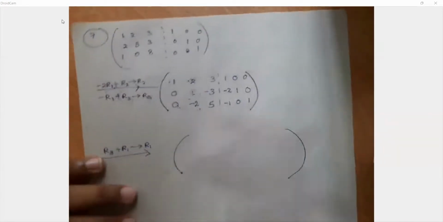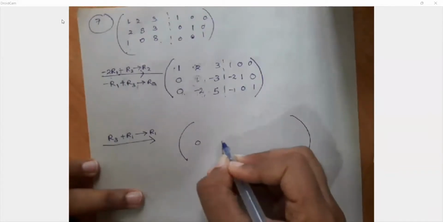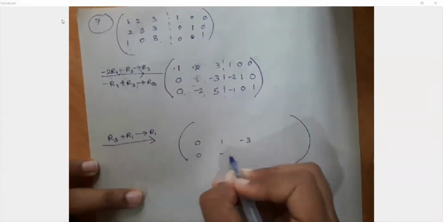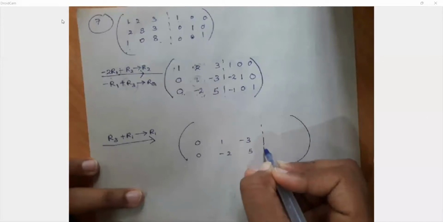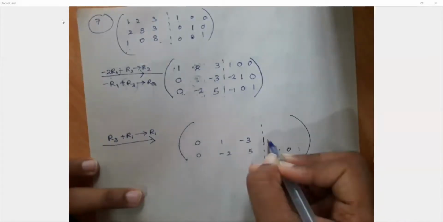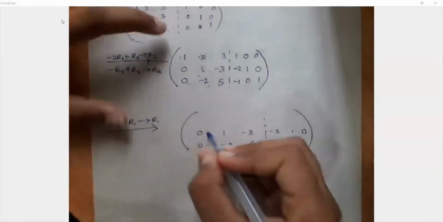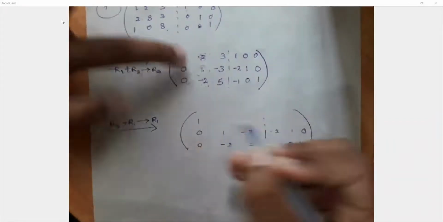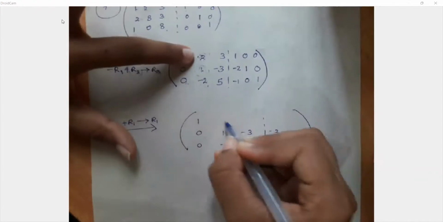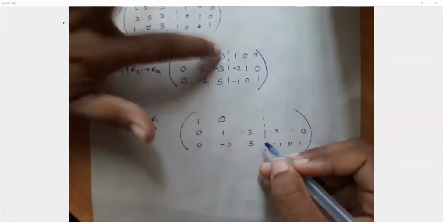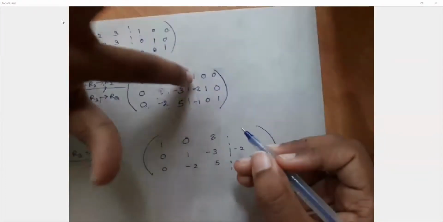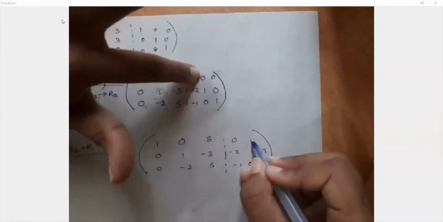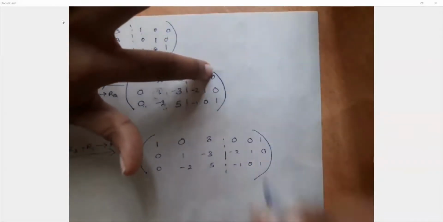Only R1 is changing. So R3 plus R1: 0 plus 1, 1. Minus 2 plus 2, 0. 5 plus 3, 8. Minus 1 plus 1, 0. 0 plus 0, 0. 1 plus 0, 1.